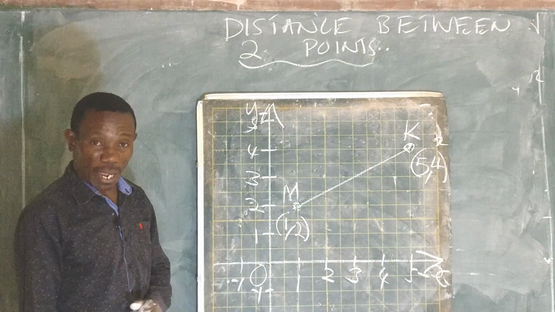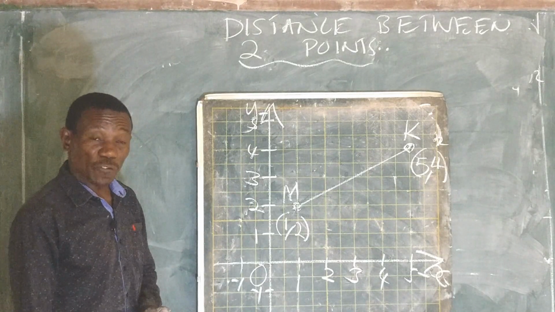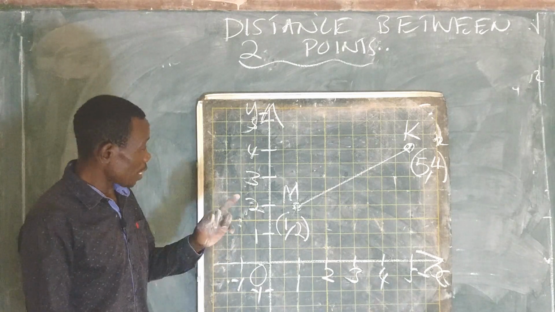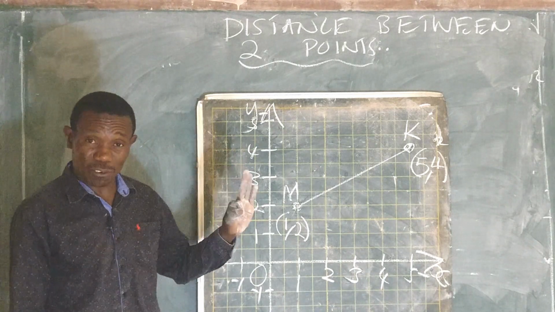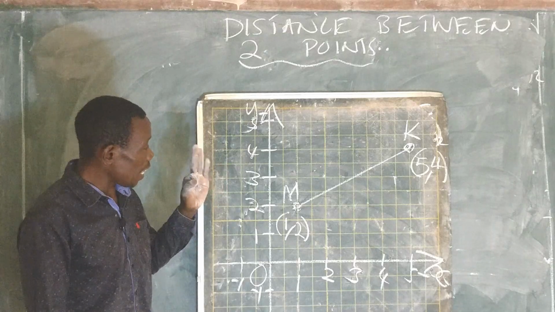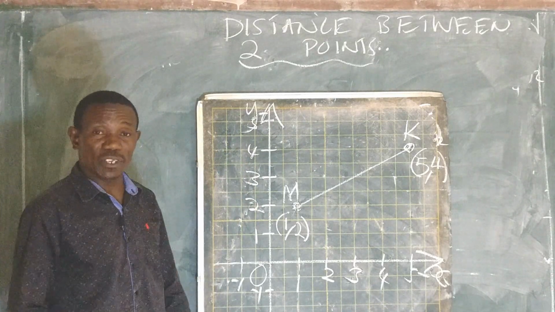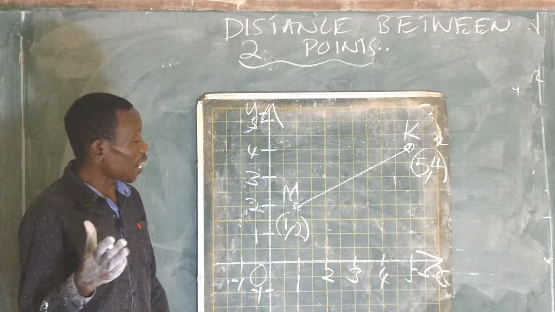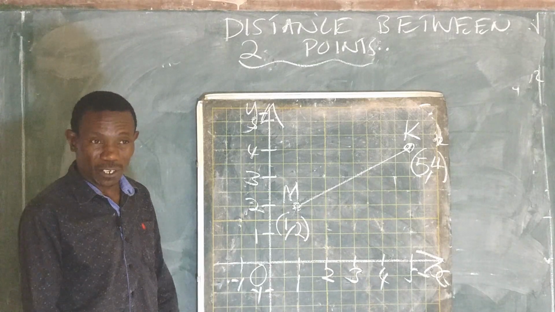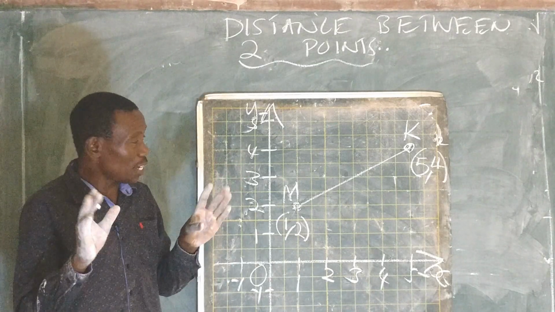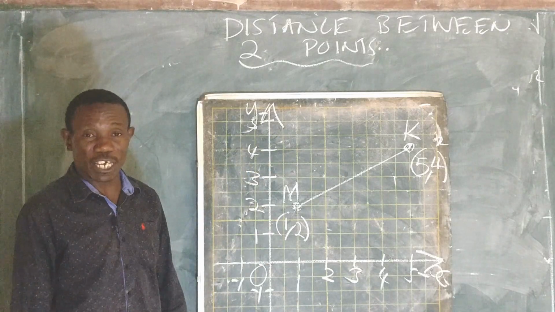Considering what you have learned in the past, maybe you have good ideas. If you think deep, you'll realize that to find the length of something has to do with trigonometry and also Pythagoras' theorem. So if I'm to think along those areas, I feel like Pythagoras can do.